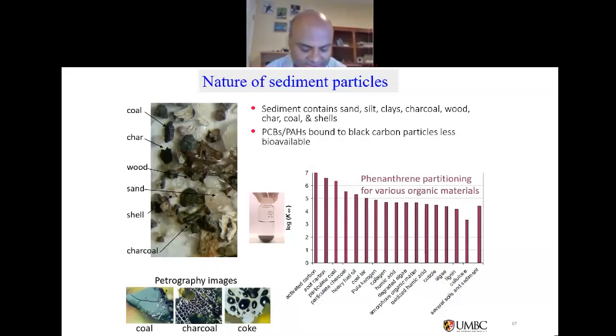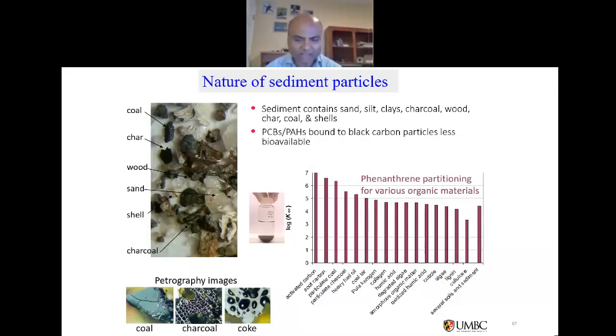There is a whole range of these carbon containing geochemical components in sediments, starting from woody debris, breakdown of plant and animal matter, which is the decaying life forms, and they are hydrophobic and they tend to absorb these hydrophobic chemicals. But in addition to that, we also find another type of carbon which ends up having a very unique relationship with these hydrophobic chemicals. We call them black carbon. So they range from coal, charcoal, some charcoal coming from human activities, some char coming from forest fires. Then we also have soot coming from burning or partial burning of woody and other vegetative material. And when you look closely under a microscope, we find that you have this whole range of organic materials in sediments.